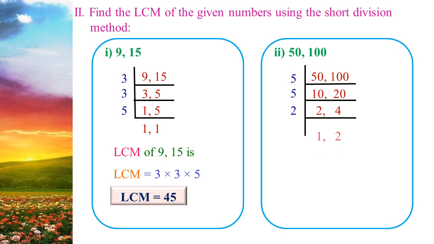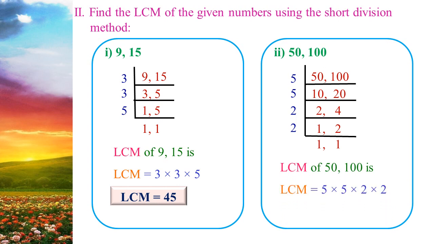On dividing by 2, 1 two is 2, 2 twos are 4. On dividing by 2, 1 two is 2. The LCM of 50 and 100 is 5 into 5 into 2 into 2. So the LCM equals 100.